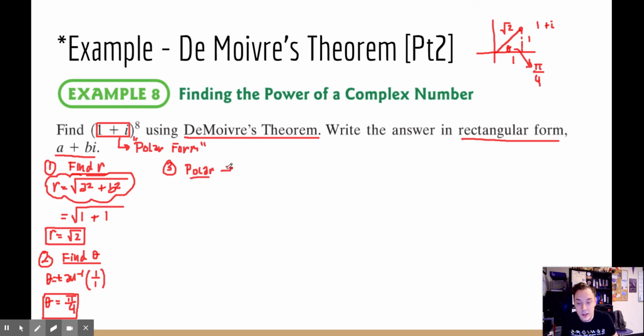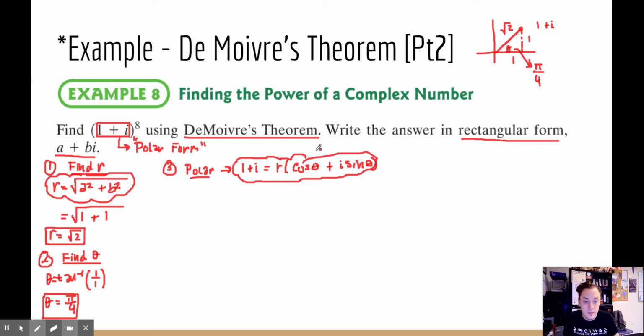So how do I transfer it to polar form? I take 1 plus i just in polar form. Notice it's not to the 8th power yet. We will do that eventually. And this, of course, is going to be r times cosine of theta plus i times sine of theta. So this is my polar form, kind of De Moivre's theorem part 1.